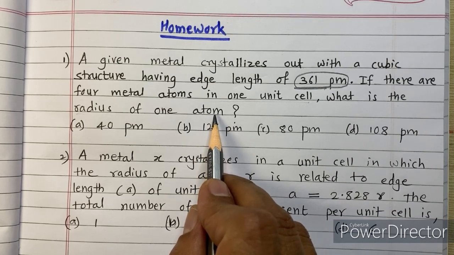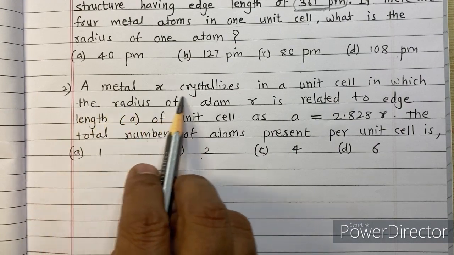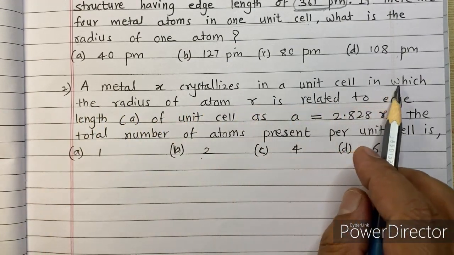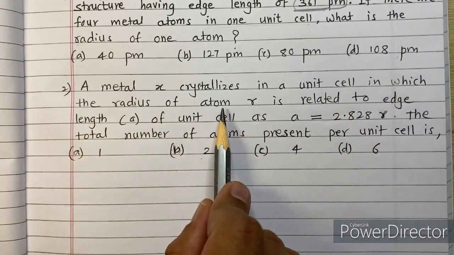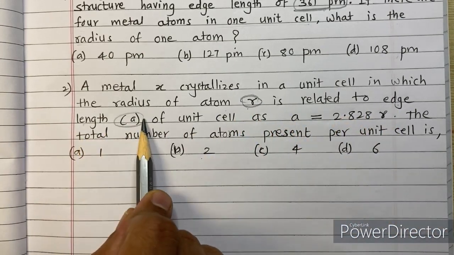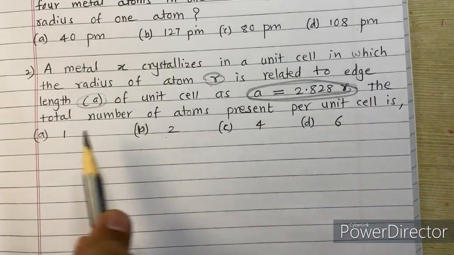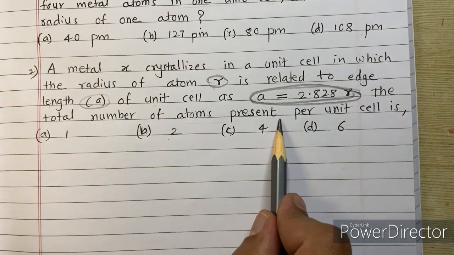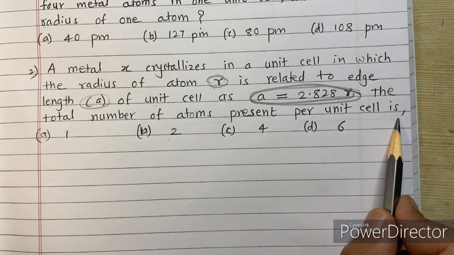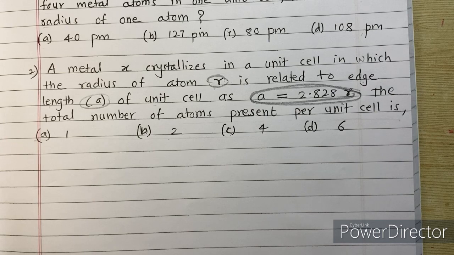Use the formula and find out the answer. Next homework, a metal X crystallizes in a unit cell in which the radius of atom R is related to edge length A by this formula. The total number of atoms present per unit cell is. Find out the answer. They are very useful for competitive exams.